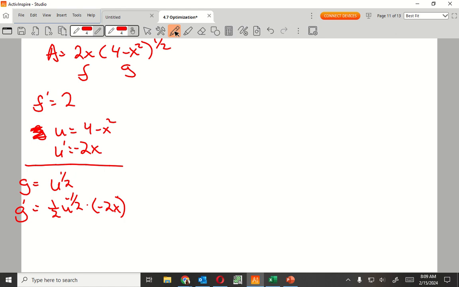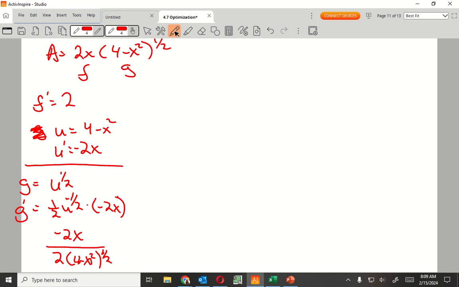So I'm going to take care of that negative also, so I'm going to move it to the bottom. So on top, I'm going to have a negative 2x over a 2 times 4 minus x squared to the 1/2 in the bottom.